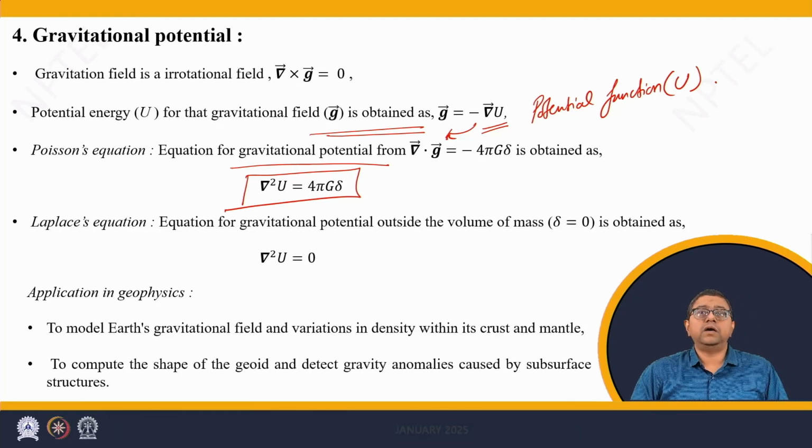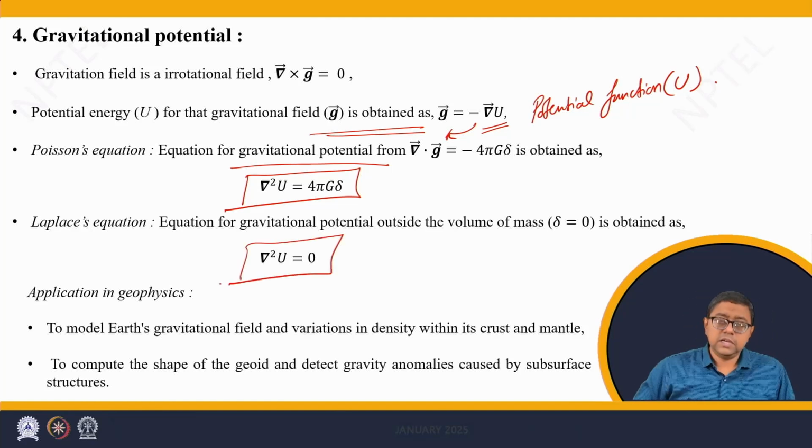And if the mass is outside the volume, then the gravitational potential obeys a Laplacian equation. This is the Laplace's equation applicable for the gravitational potential without any internal masses.